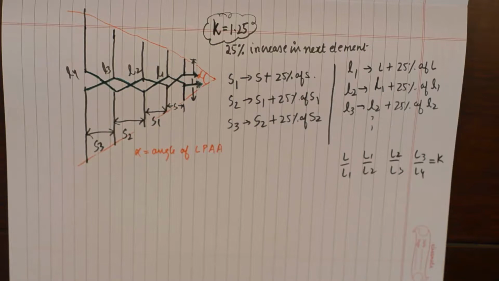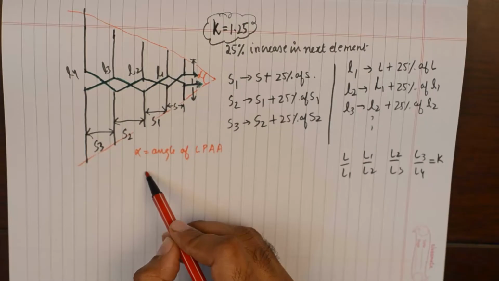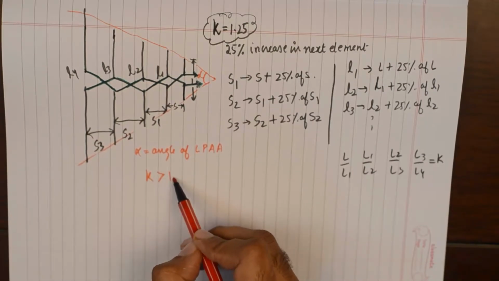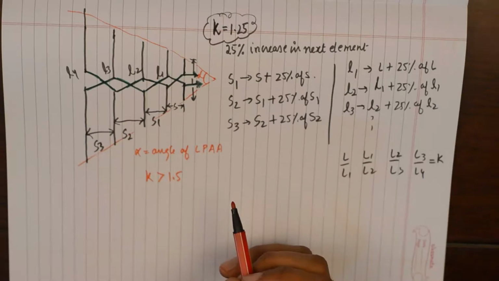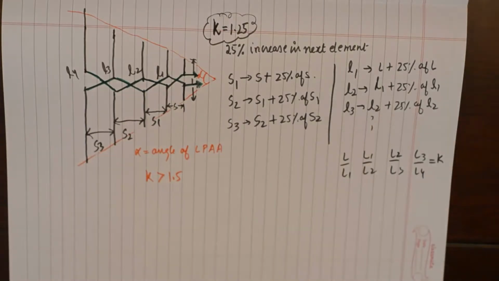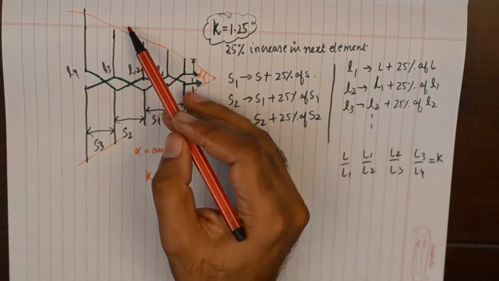Now, taking a value of k to be significantly larger, as an example, if we take k to be greater than 1.5, that would mean that going from one antenna to the other, we are going to increase the size of the elements by 50%, would result in creating some active elements and some passive elements, because the center frequency of the log periodic antenna would allow only a few of these to work correctly.